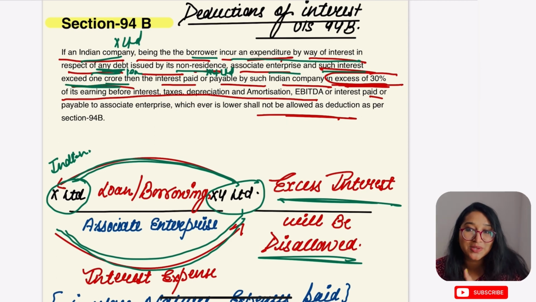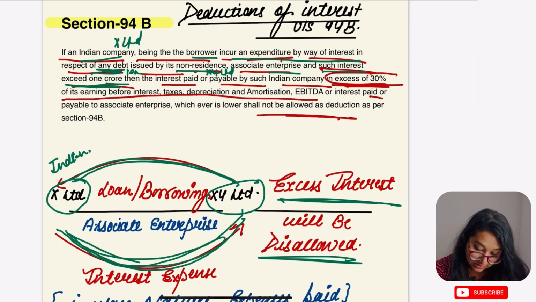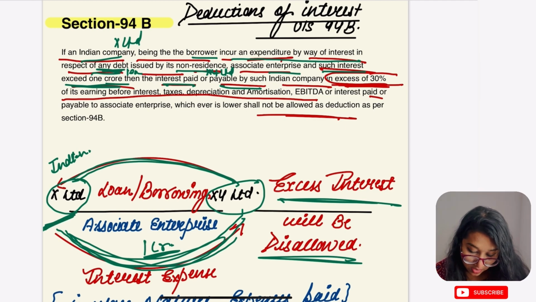This is one more point, that the interest payable is more than 1 crore. Then the interest paid or payable by such Indian company, X Limited, in excess of 30% of, now here comes the question, 30% of what? 30% of EBITDA.